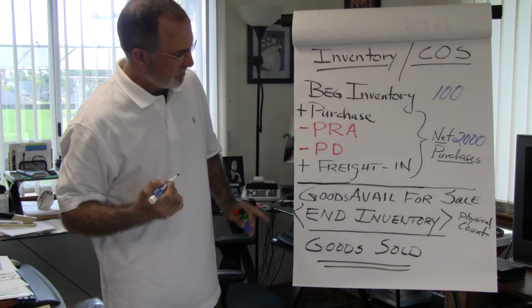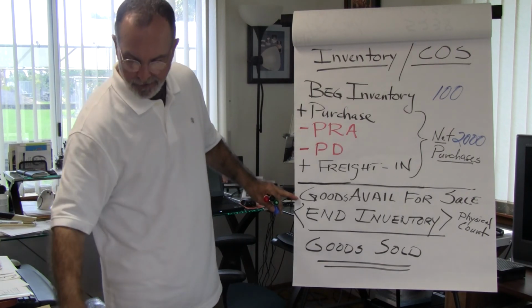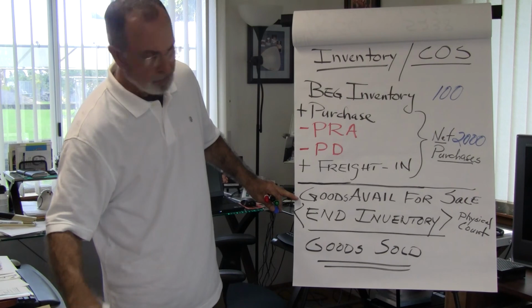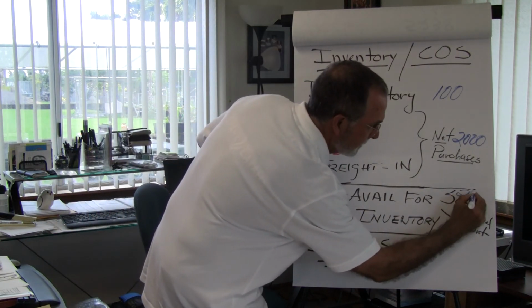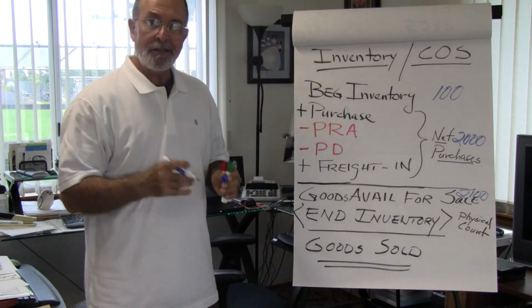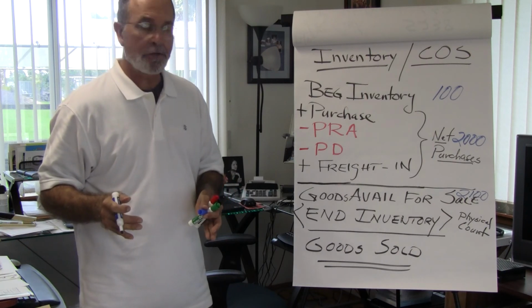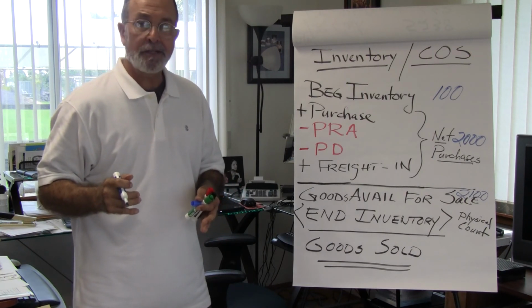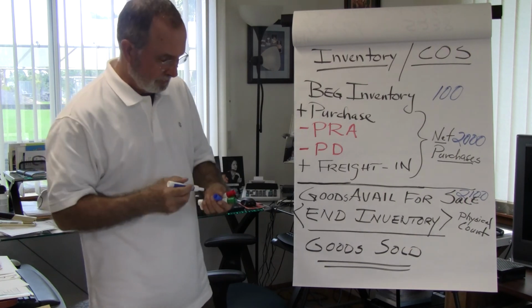That would mean that what we had available for sale during the year would be, I'll squeeze this in here, 2,100. And then at the end of the year, December 31, we did a physical inventory, and let's say we ended up with ending inventory of 1,000.